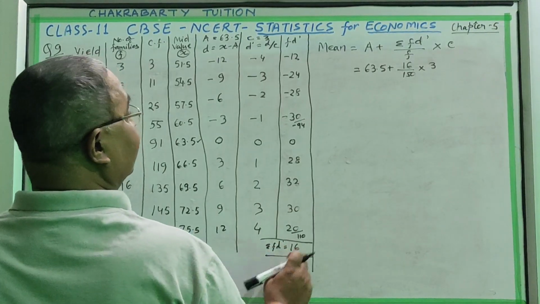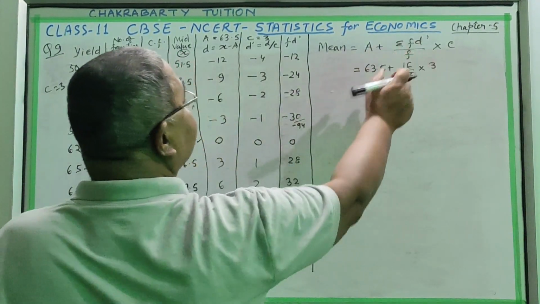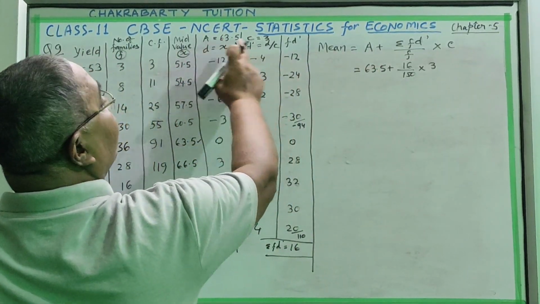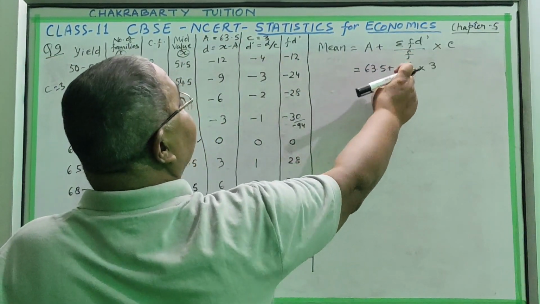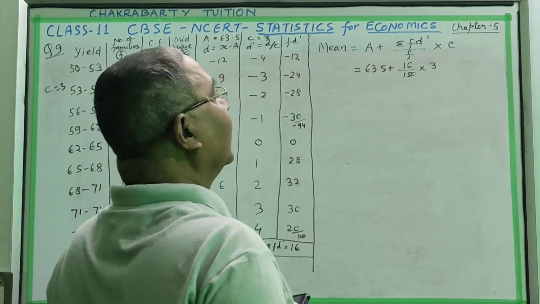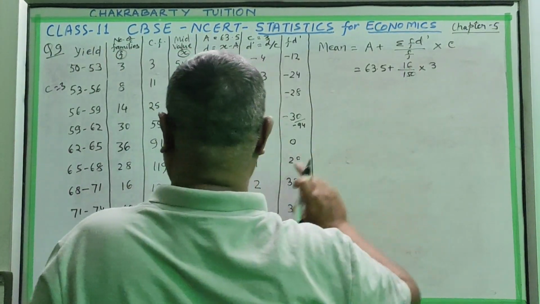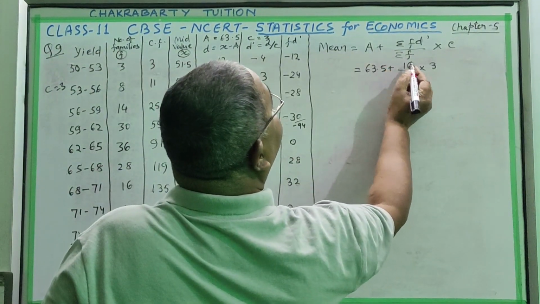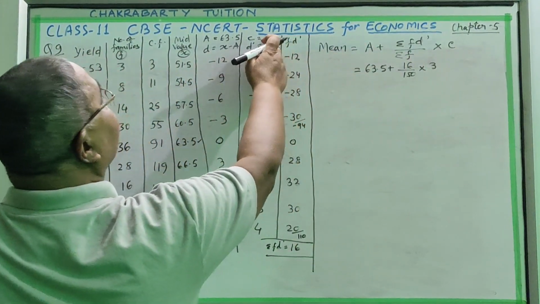So net is 16. Now the formula for mean we know, this is the formula. In the formula we will fit the figures. 63.5 is your assumed mean. FD dash is 16, sigma F is 150, and C, class interval size, is 3.